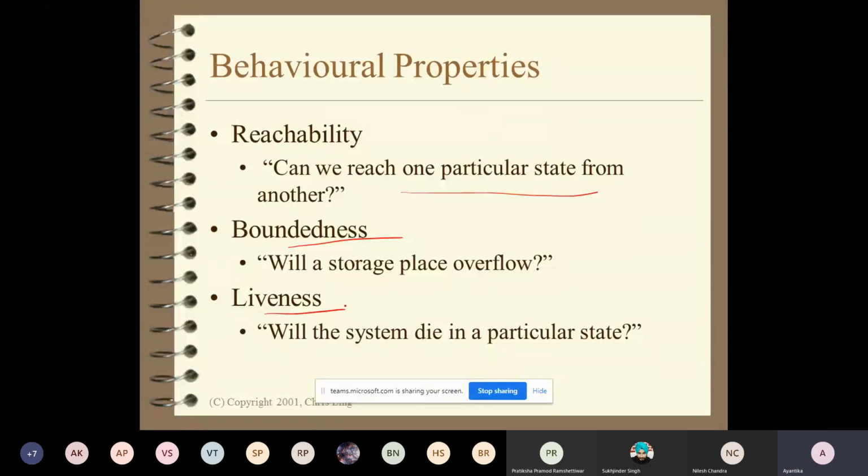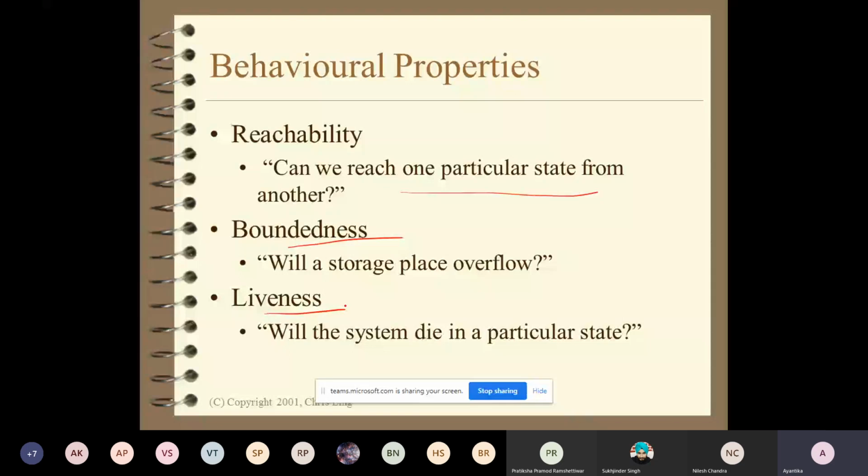And the third one is liveness. Liveness means: will the system die in a particular state? What does it mean? Considering your different transitions and all possible scenarios, whatever examples we have taken, we have not only considered the states, the transitions and the events, we have also considered different scenarios. Rather, we have to consider all possible scenarios we can think of.